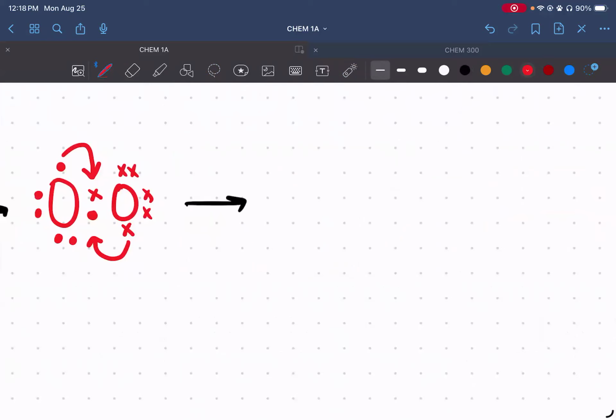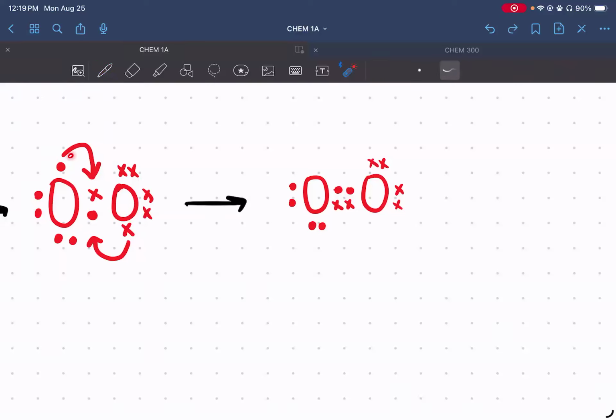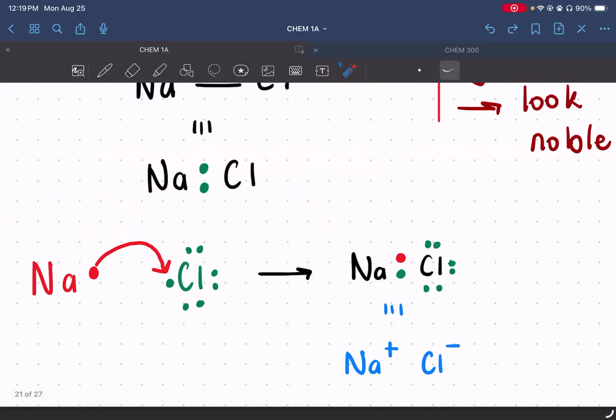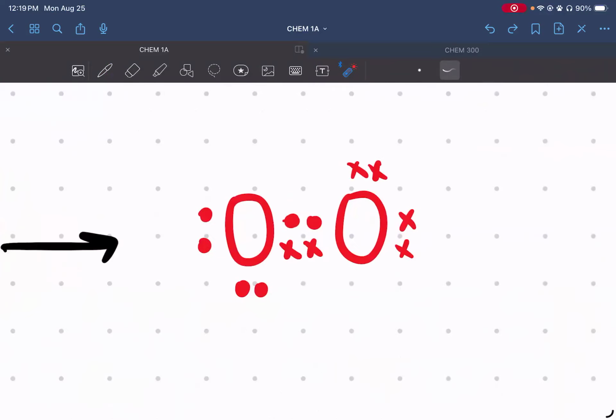The result of this ends up with 2 oxygen atoms. And in between them has a total of 4 electrons being shared. Remember, all I have done is simply move electrons to the center, making it clear that they're bonding. From the perspective of each oxygen atom, starting with the left, we see that it has access to 1, 2, 3, 4, 5, 6, 7, 8 electrons.